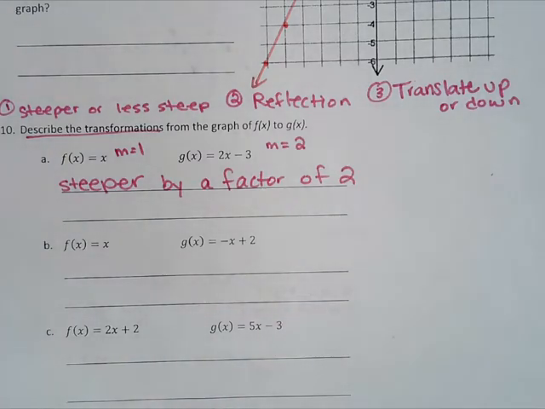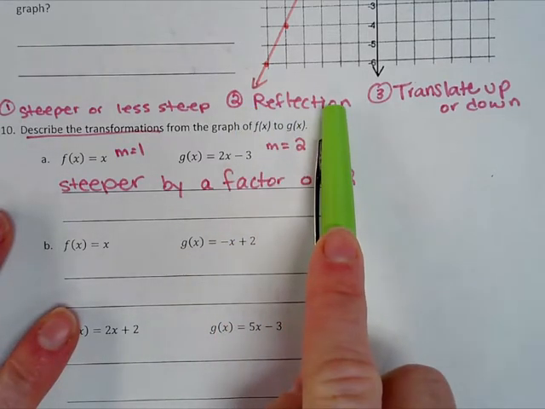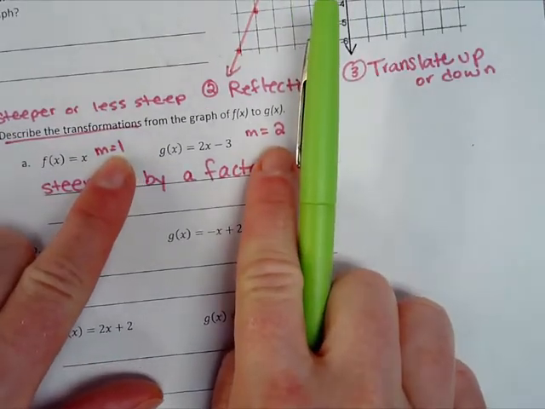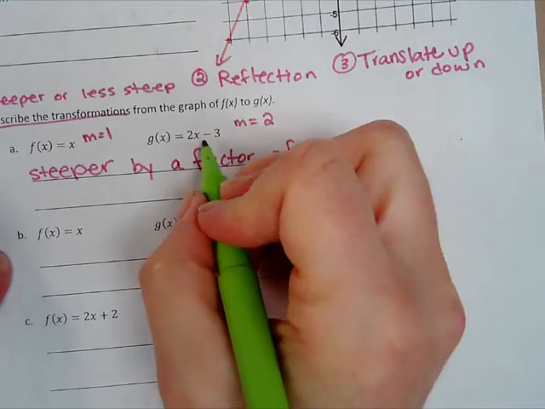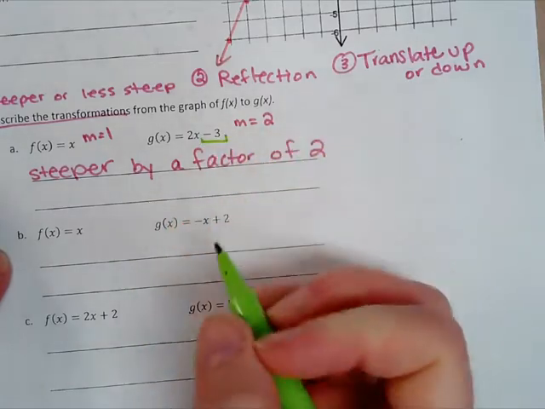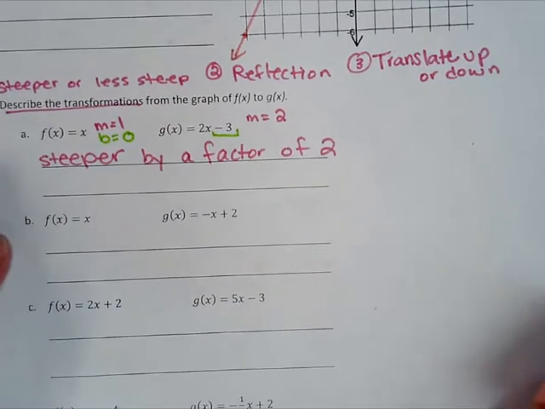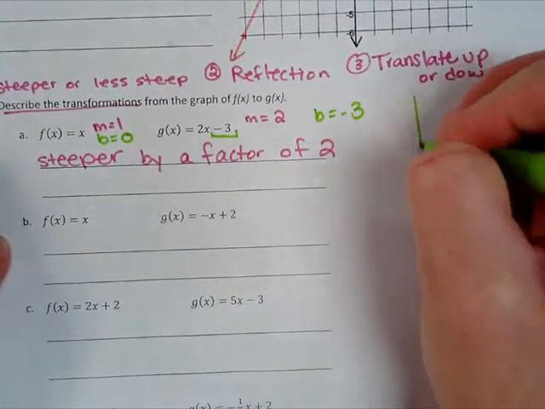Okay, the other one is if it has a reflection, the sign would be switched on your slope. Is the sign switched? Nope. The only thing that is different here is our y-intercept. So here we have a y-intercept of 0, and here we have a y-intercept of -3.